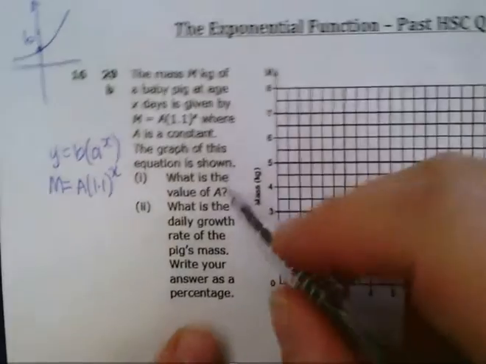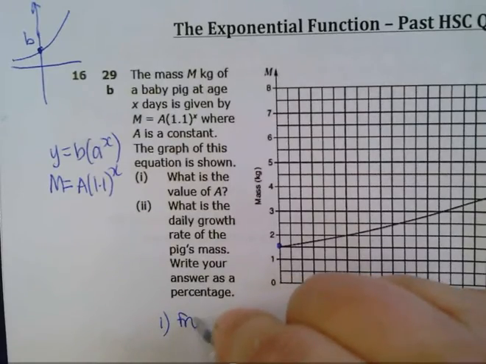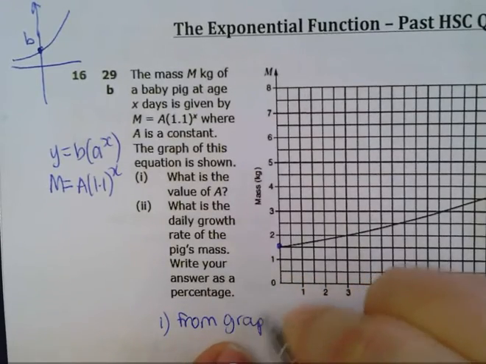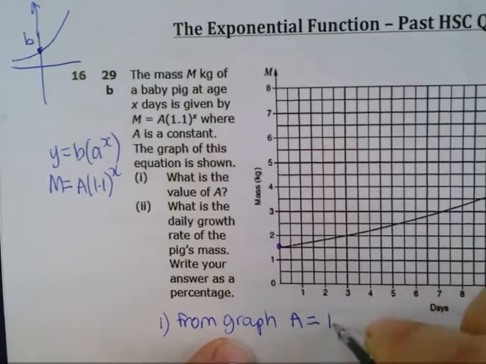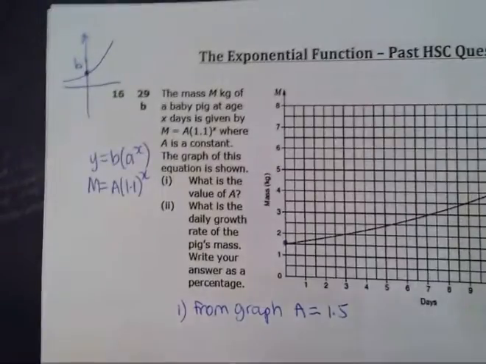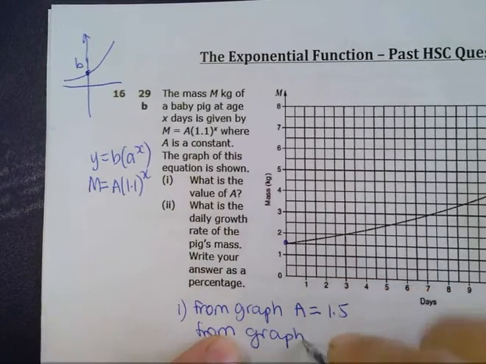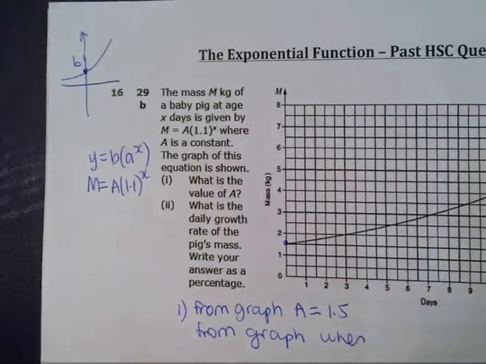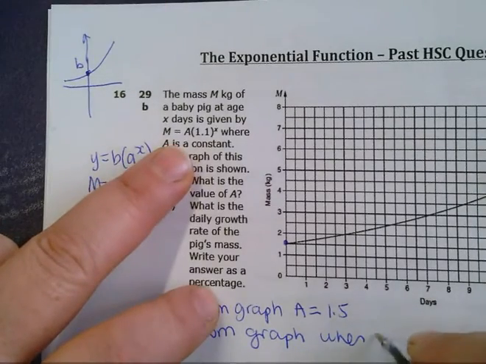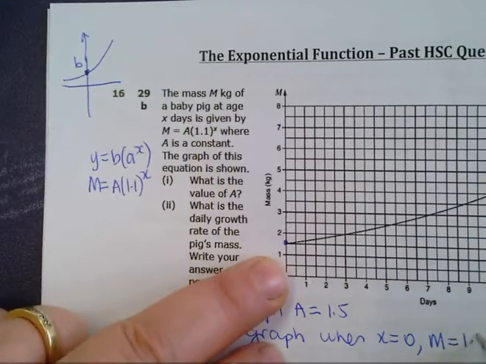All right, so the value of A, from the graph, A equals 1.5. The other thing you could do, to show some working out, is read from the graph that when the number of days X equals 0, the mass is 1.5.